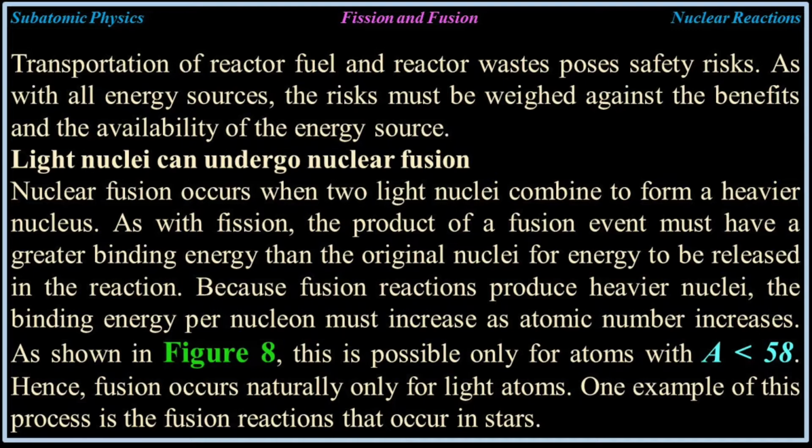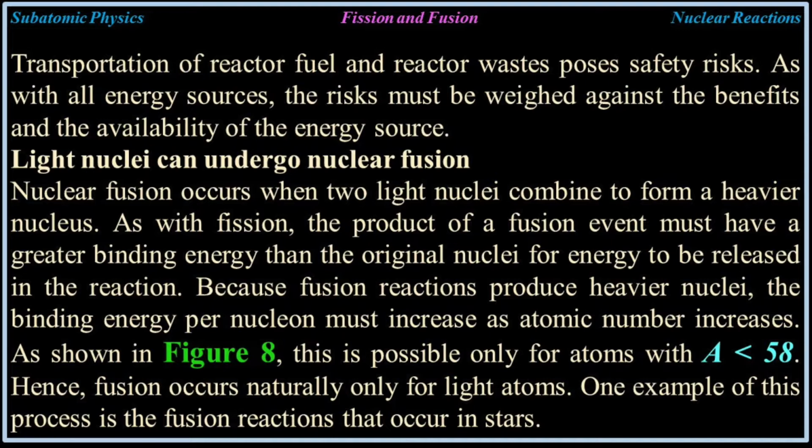Because fusion produces heavier nuclei, the binding energy per nucleon must increase as atomic number increases. As shown in Figure 8, that is possible only for atoms with A less than 58. Hence, fusion occurs naturally only for light atoms.